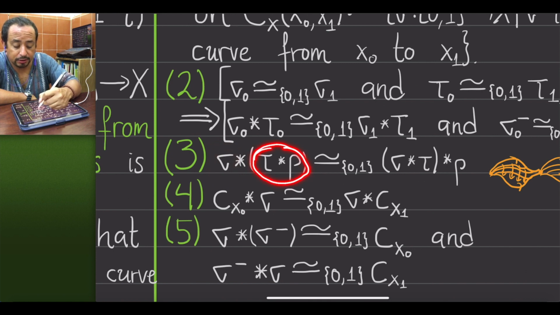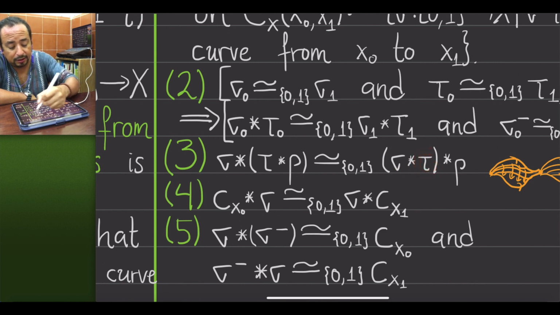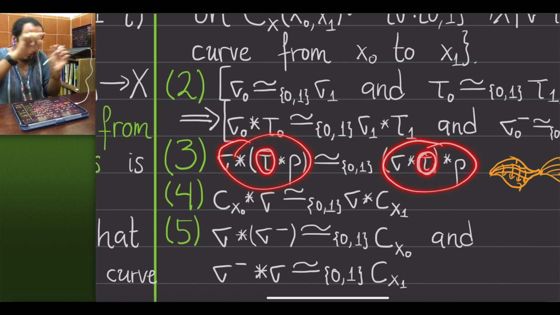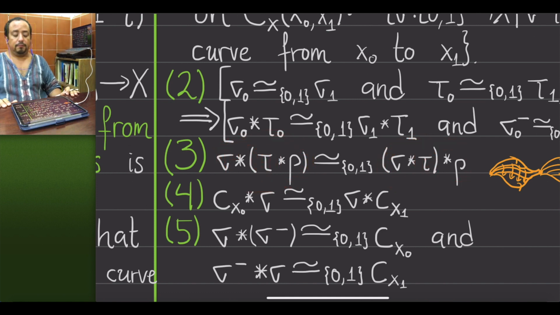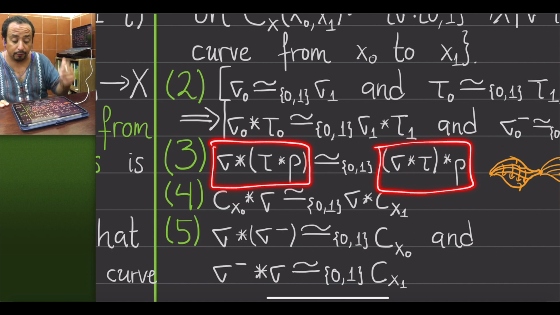So each of tau and rho ends up occupying only a quarter of the interval here, whereas here rho occupies half the interval and sigma only a quarter of the interval. It's only tau that occupies an interval of the same length. So one should expect that the equality between this curve and this curve almost never holds.